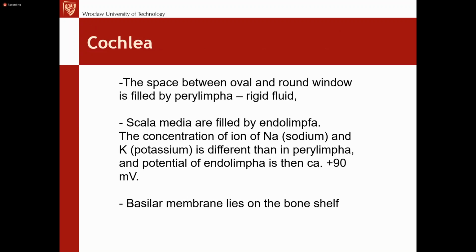So it is necessary to fit the impedance between the air and the rigid fluid, because when this impedance fitting doesn't exist, the great part of the acoustic energy would be reflected by this fluid, because of the great differences in acoustical impedance.